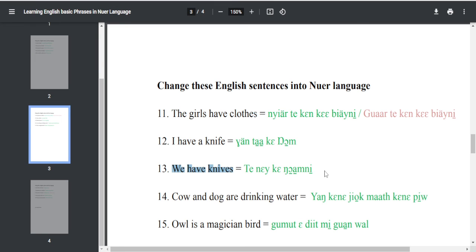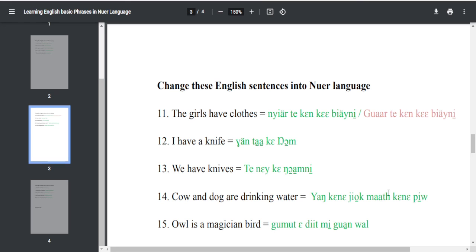Tene kongomni. Cow and dog are drinking water. Yang kene juk mas ken pew. In Nuer language we don't say it that way for a dog drinking water.